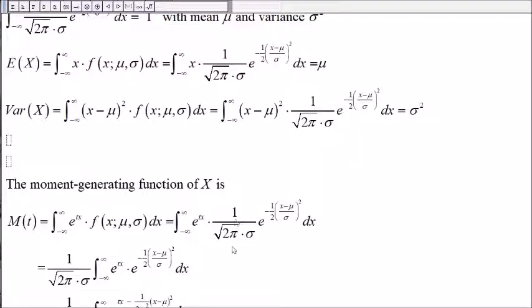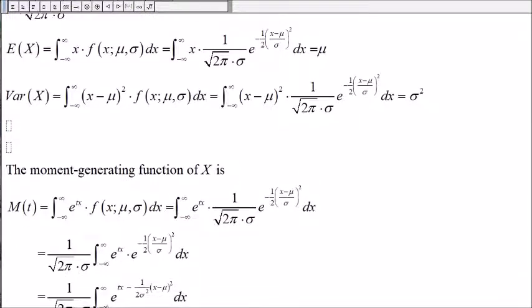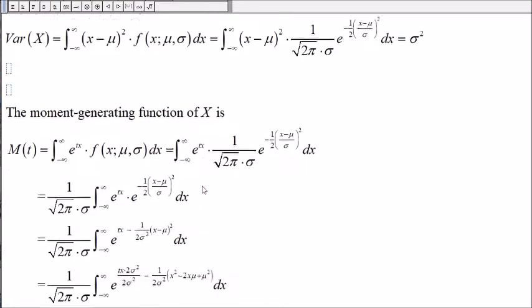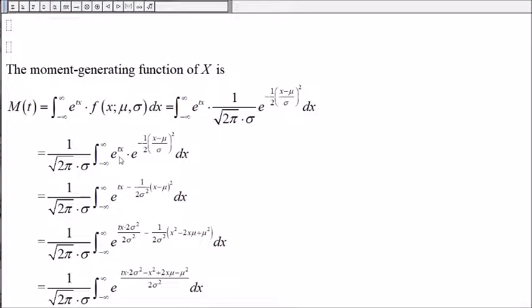One over the square root of 2 pi times sigma is constant, so we can move this expression and place it in front of the integral. This is e to the t x, and this is e to the negative 1/2 times (x minus mu over sigma) squared.